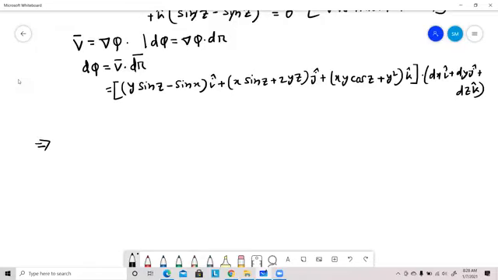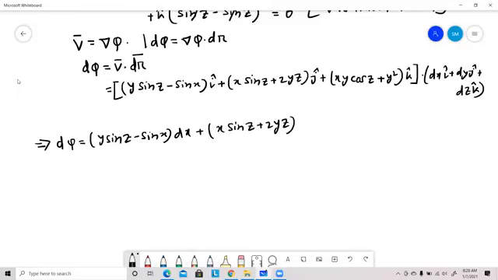Now after the dot product we get d phi, which is y sin z minus sin x dx, plus x sin z plus twice yz dy, plus xy cos z plus y square dz. Now how could we simplify this?